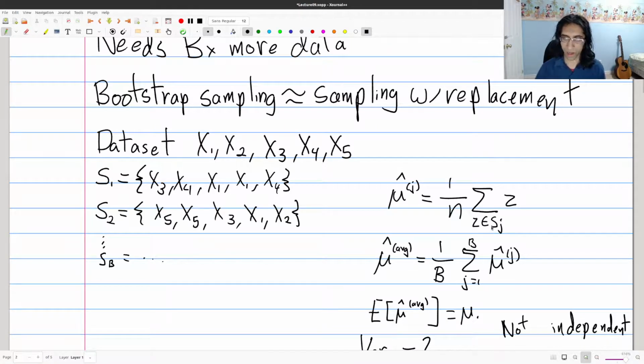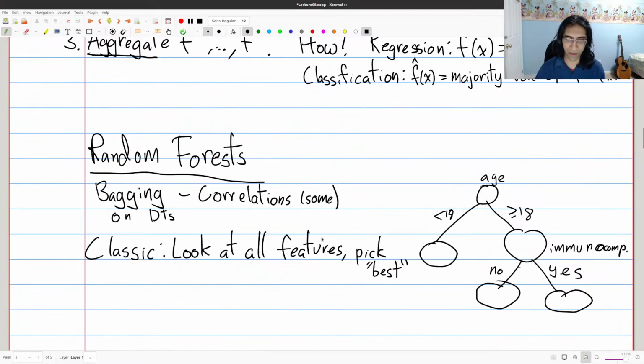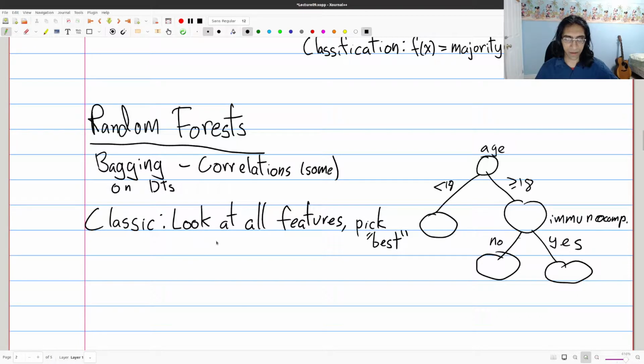Well, this generally isn't too bad, but in this case, if you have, say, one very, very informative feature, which all the points have, and then many other ones which are pretty good, but not quite as good as that very informative one, then all of these different trees that you build on the same data set will look almost identical because they're all honing in on that one feature being so interesting.